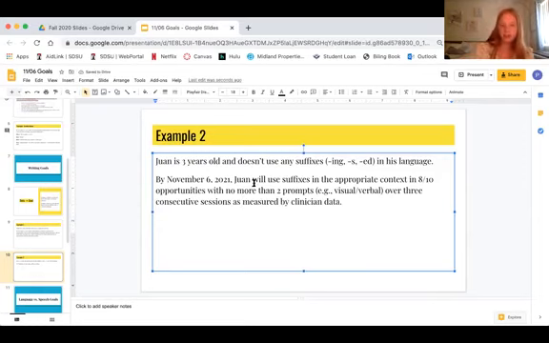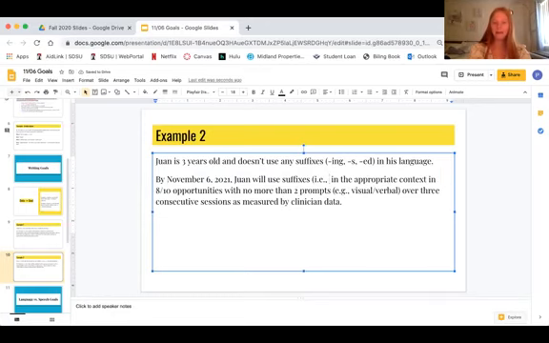All right, so here you see we have our date, we have our student, we have what we want them to do. So we want them to use suffixes. Here you might want to describe exactly which suffixes. So if you want to put exact, it would be IE. And if you want to put like, for example, it could be this or this, but there's also other options, right?